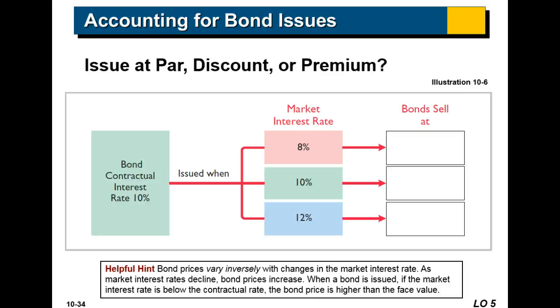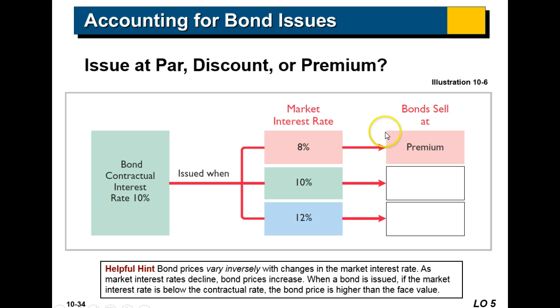What happens when bonds are issued at a discount or at a premium? The contractual interest rate in this scenario is 10%. But let's say the market rate right now is 8%. Then what is shown on the face is 10%, but the market rate is less than this.